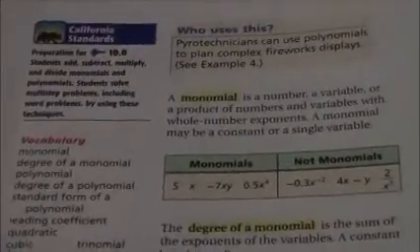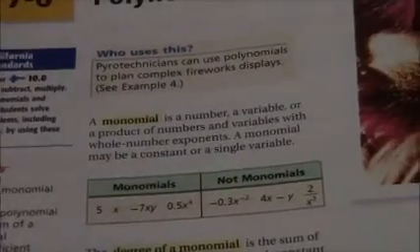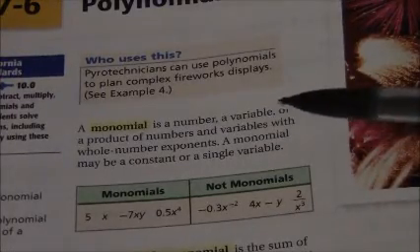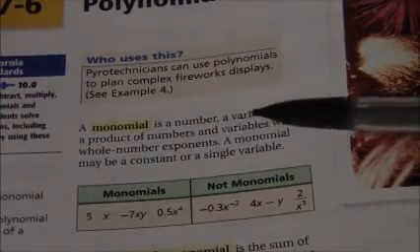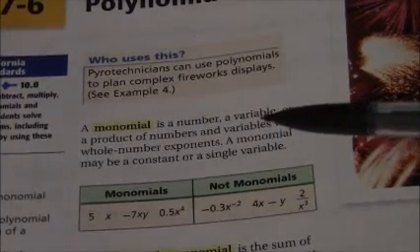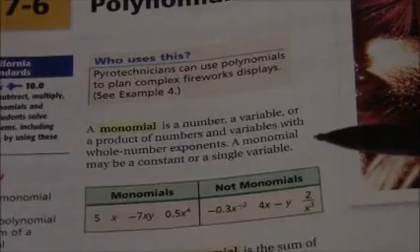So, let's see, what's a monomial? A monomial is a number, a variable, or a product of numbers and variables with whole number exponents. A monomial may be a constant or a single variable.